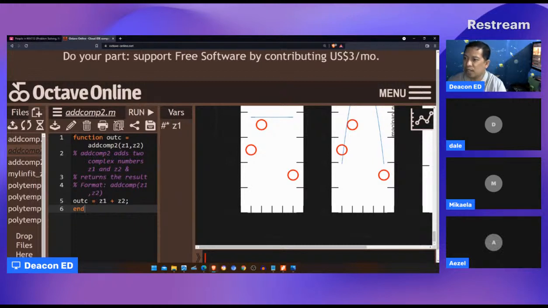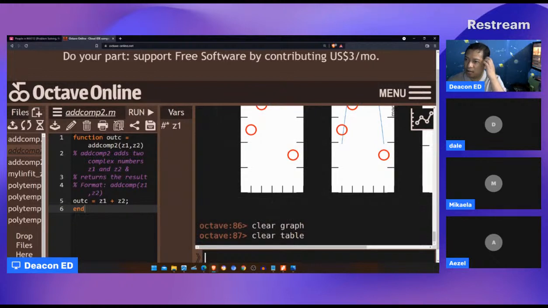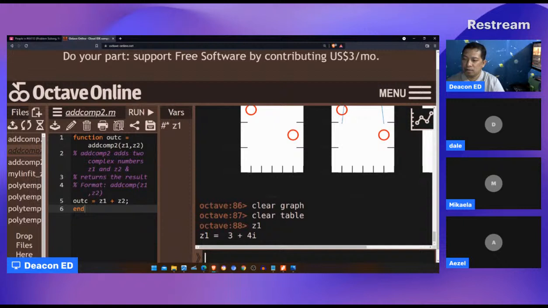Ito yun. Hindi ko alam bakit clear table or clear graph ba ang dapat. Clear graph. Clear table. Wala namang ibang value to. No?